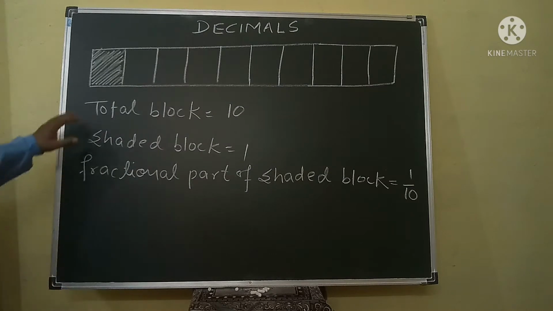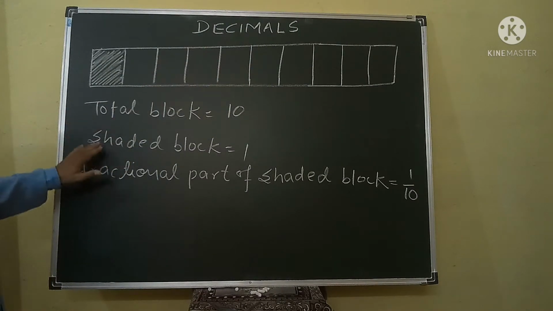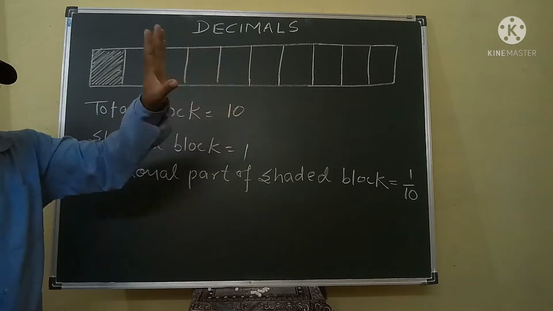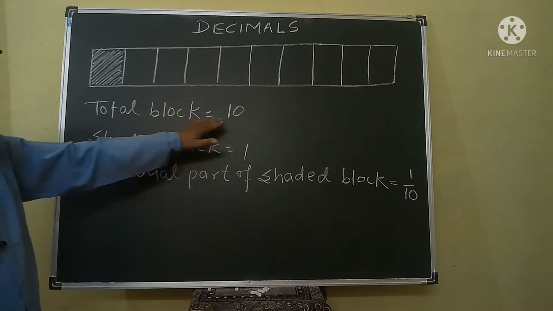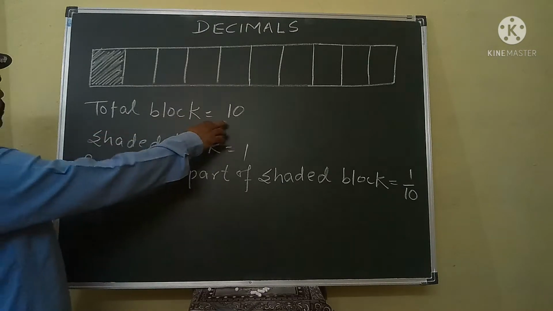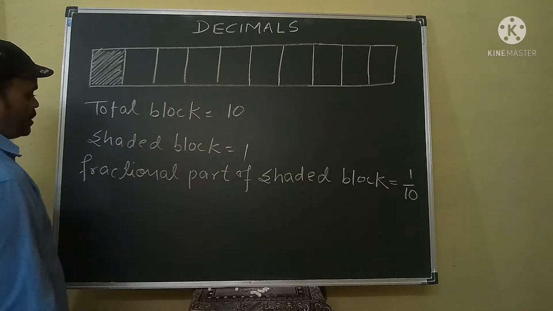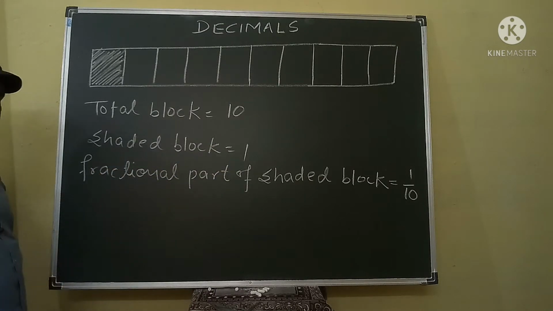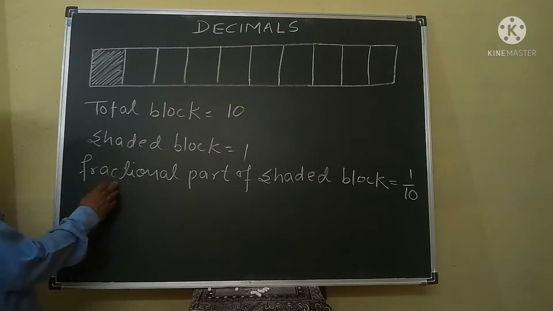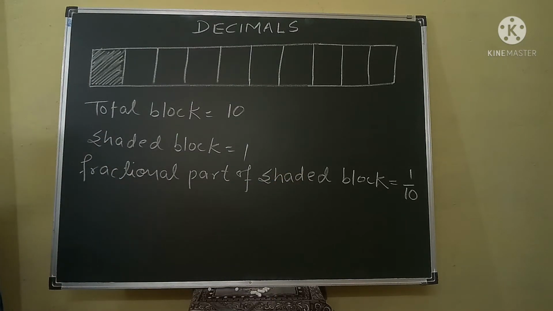As you are looking, this is one rectangular block, and it is divided into 10 equal parts. So total blocks are 10. Out of these 10 blocks, only one block is shaded. Shaded block is 1. So I have one question. What is the fractional part of the shaded block?